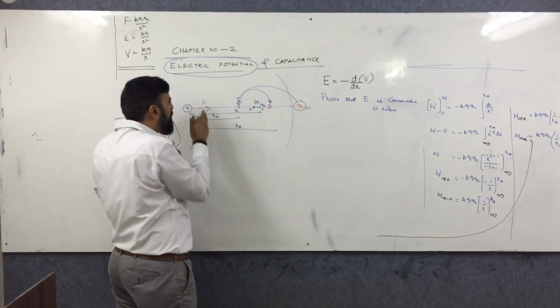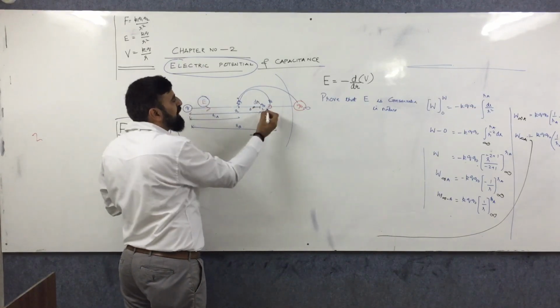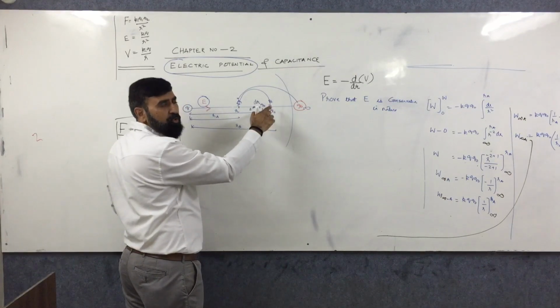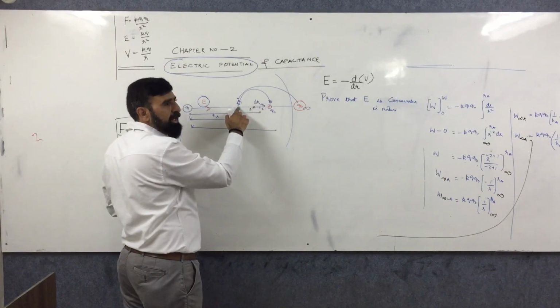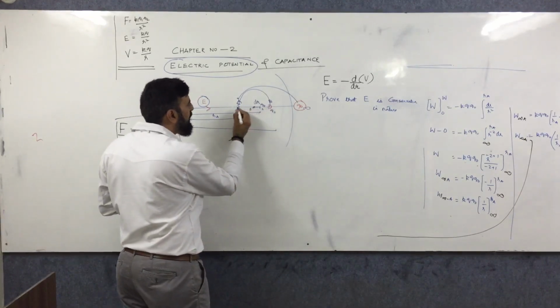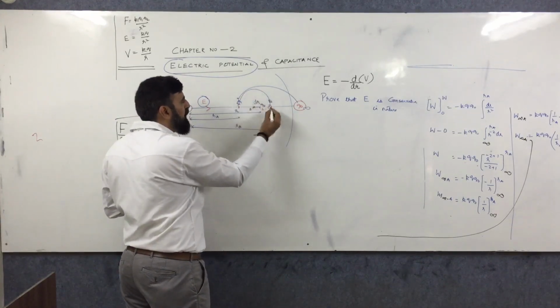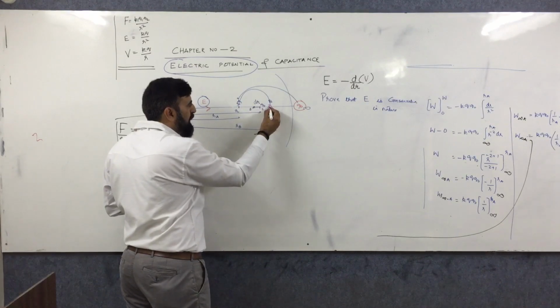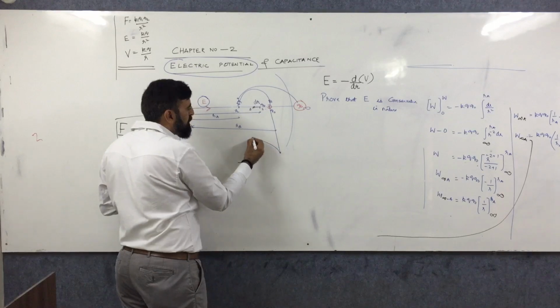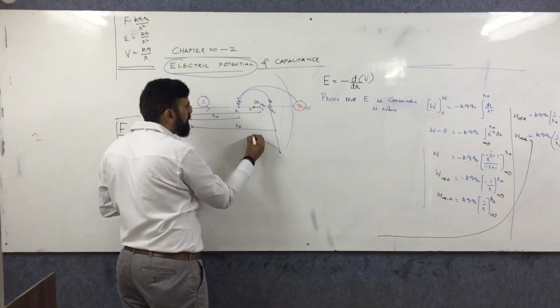That means if I have to prove that this is conservative, I'll have to justify that my work done to move from B to A does not depend on whether I move straight, or if I start from B, go to China, come to Italy and come to India.